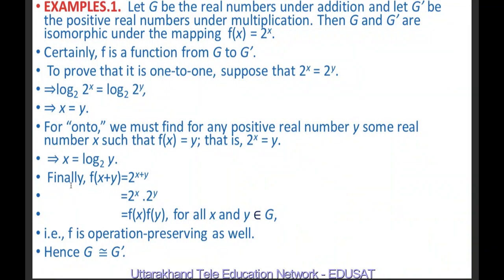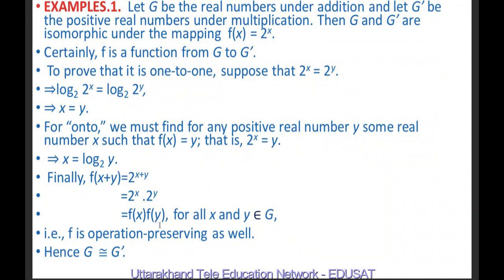Now finally we will show that f is operation preserving. Let's see, f of x plus y is equal to 2 raised to the power x plus y. 2 raised to the power x plus y can be written as 2 raised to the power x into 2 raised to the power y. 2 raised to the power x is nothing but f of x, and 2 raised to the power y is f of y, replacing x by y.